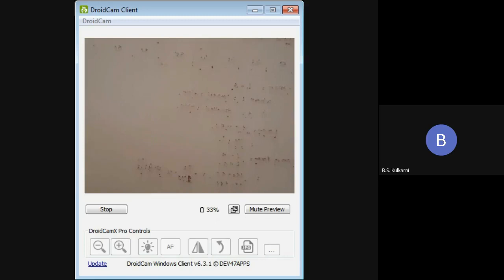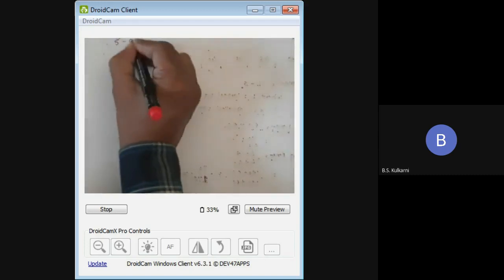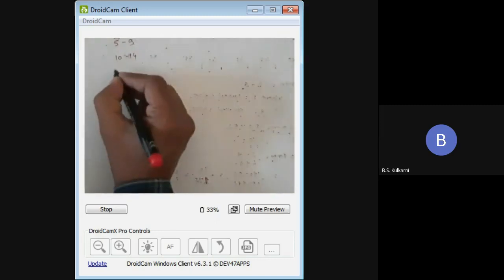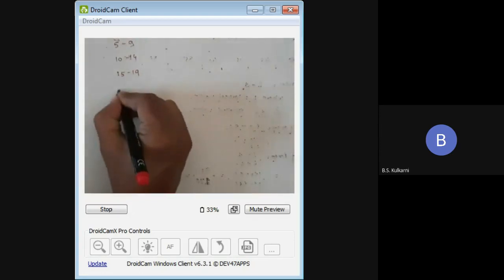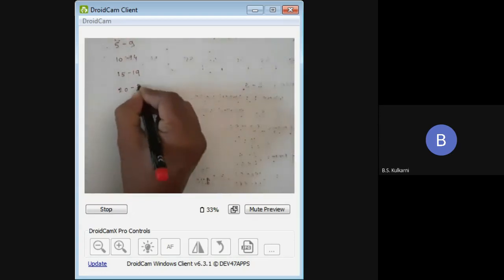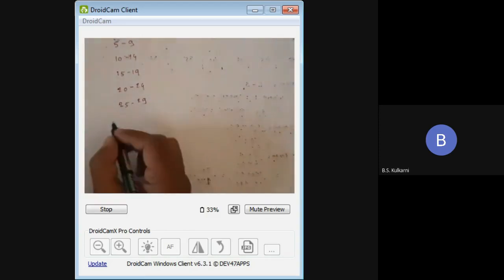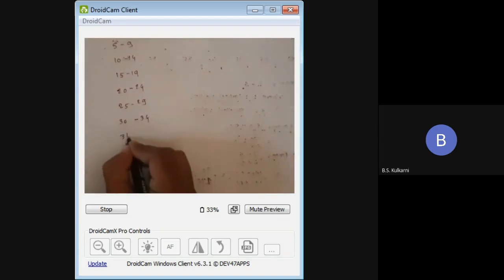Marks 5 to 9 first class, then 10 to 14 second class, then 15 to 19, then 20 to 24, then 25 to 29, then 30 to 34, and 35 to 39.